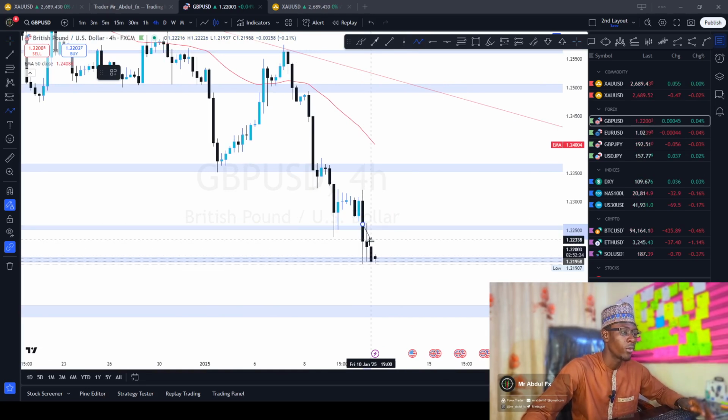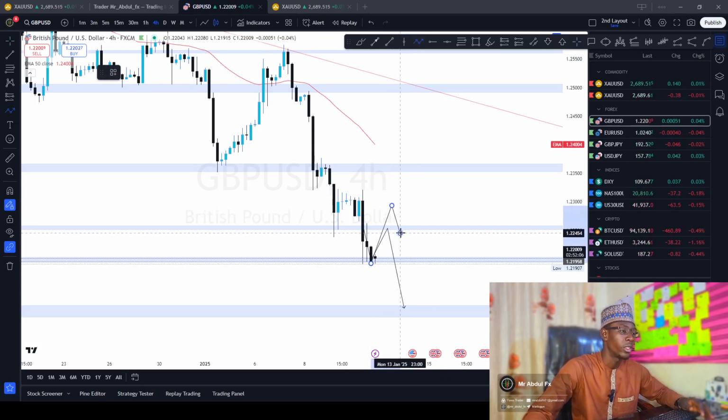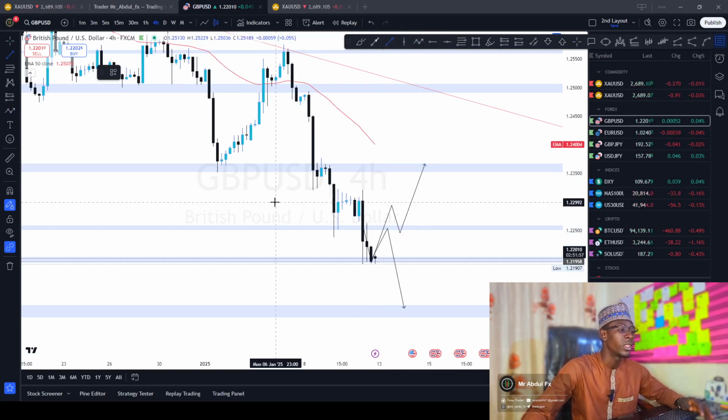Since we have come down here, I'm expecting a retest of this previously broken support, then it will turn resistance for bearish continuation, or we might just do something like this: break, retest, and then continue to this key level. But that is only valid if we break and retest this recent high.